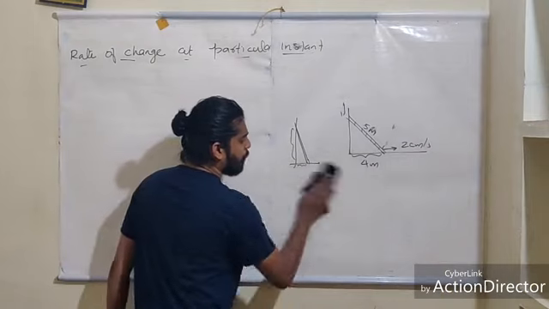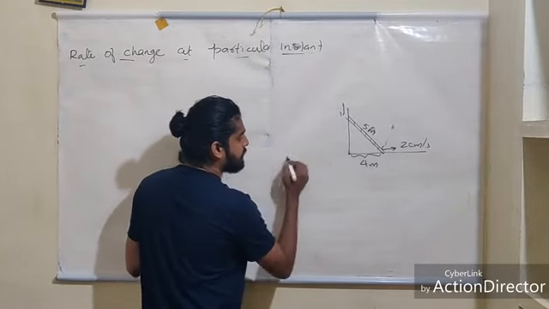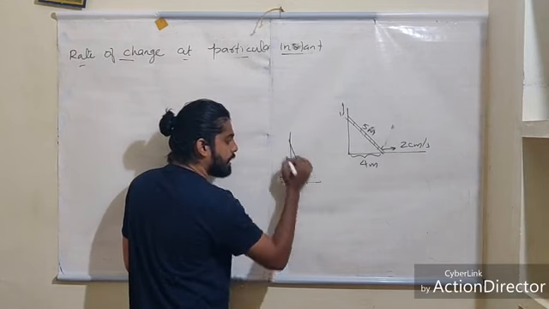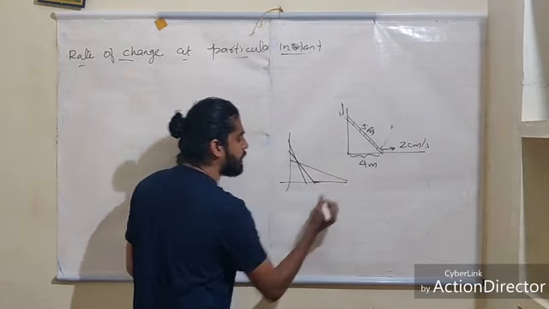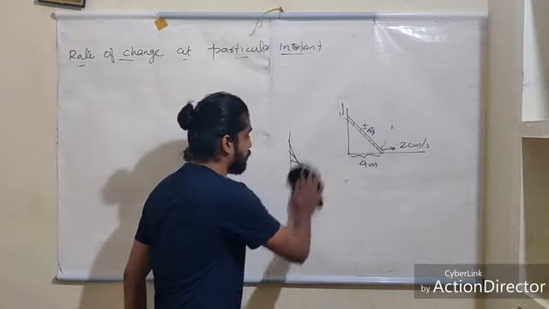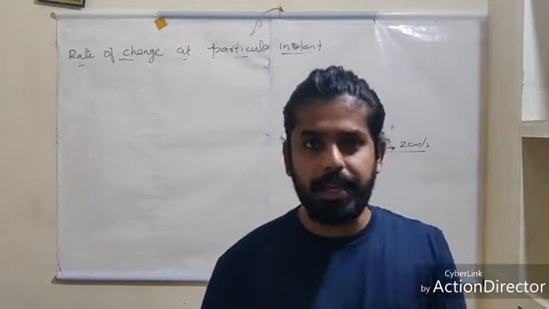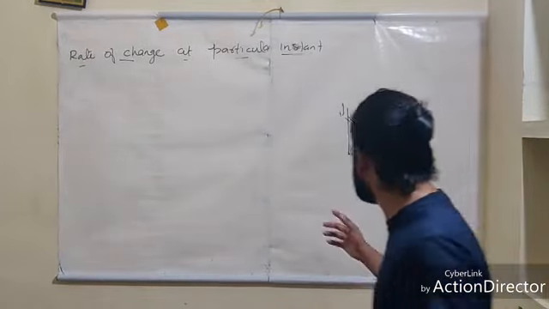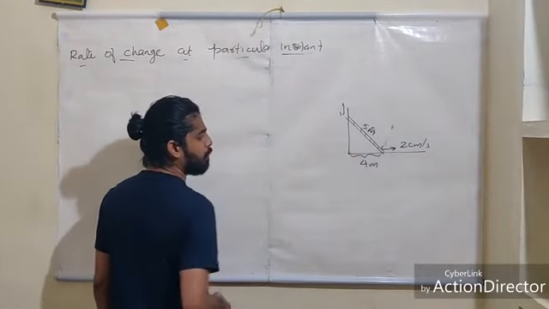So it is different at every instant, the rate of change is different at each instant. This is the application of rate of change, because at every instant the rate of change won't be the same. This is a clear example of that. So we have to find the rate of change at the instant when x is 4.